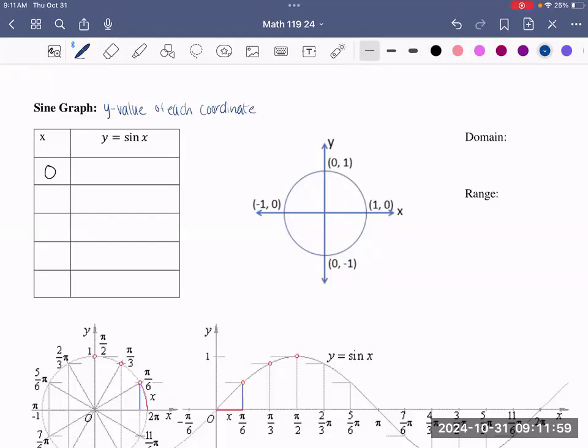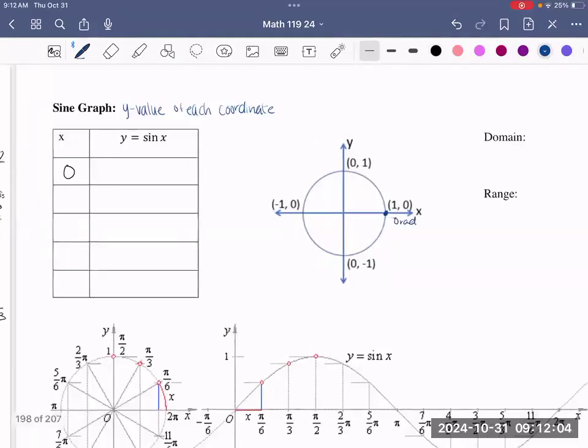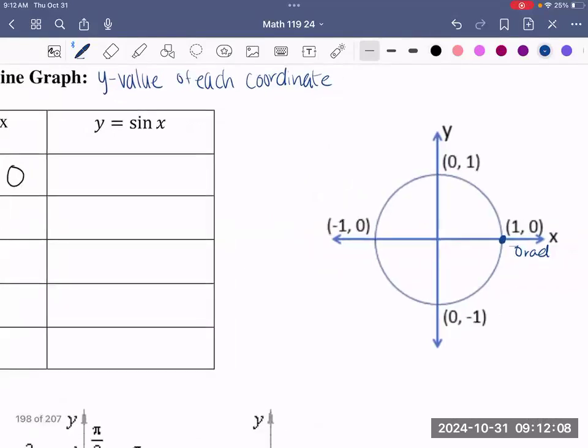So if we start at 0 radians, what is your y coordinate of this at 0 radians? Well, your y coordinate here is at 0. So sine of 0 is just 0.